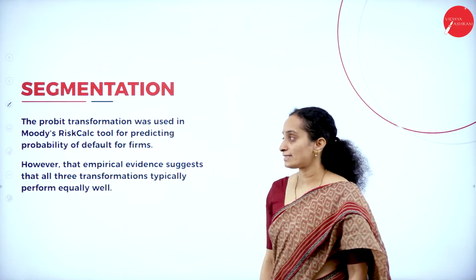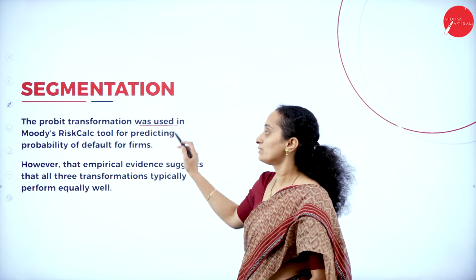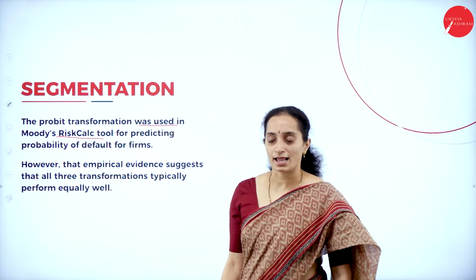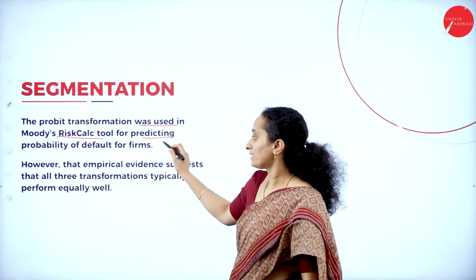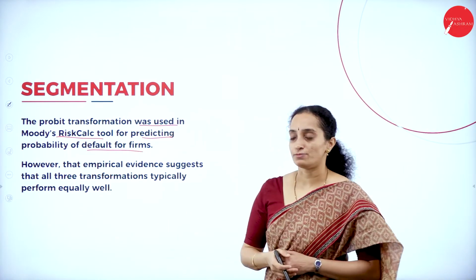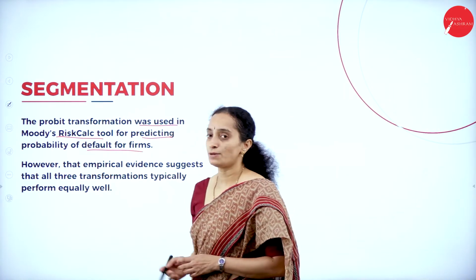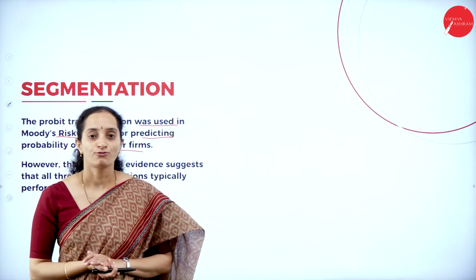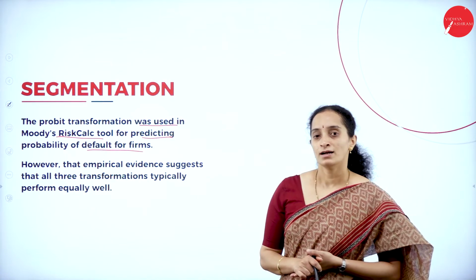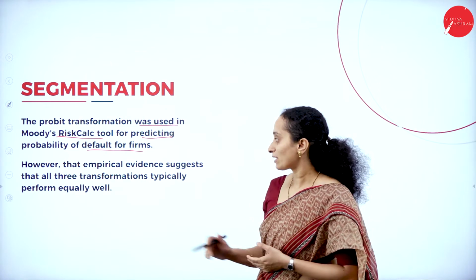The probit transformation was used in one of the tools, Moody's RiskCalc tool, for predicting the probability of default for firms. So it uses the probability of the values for different firms or organizations.